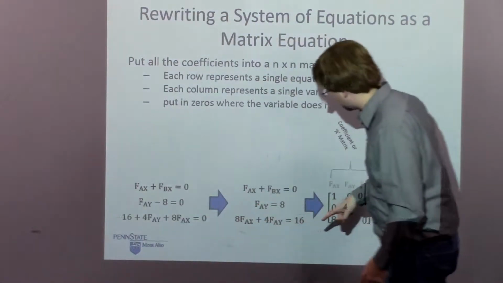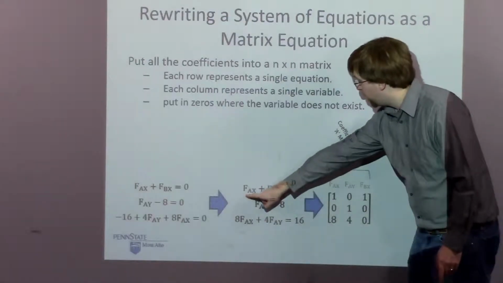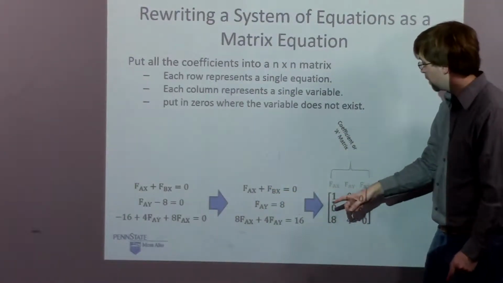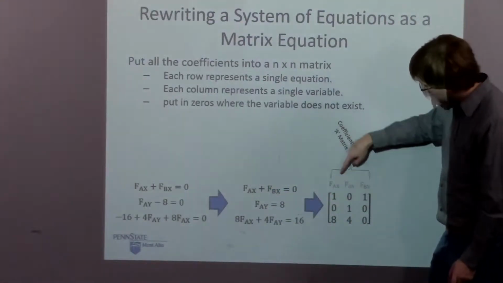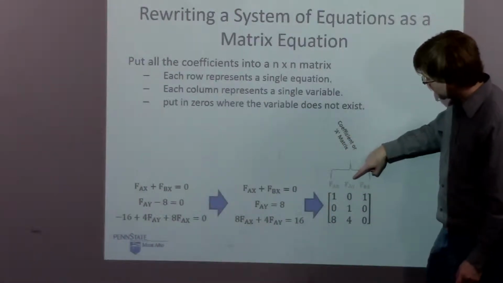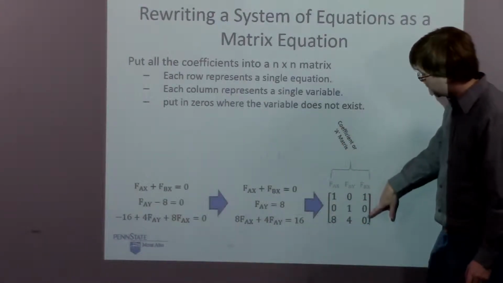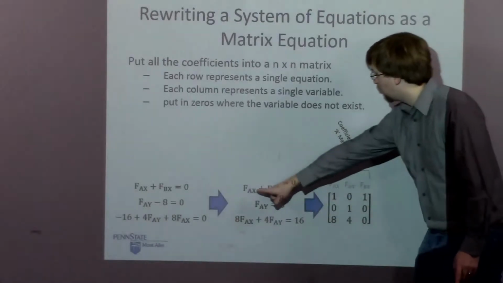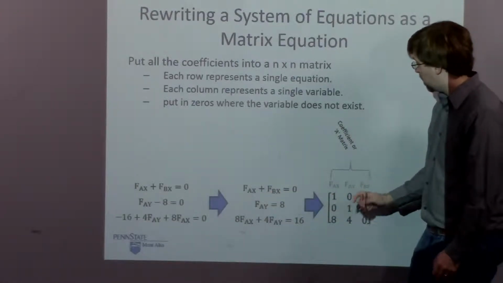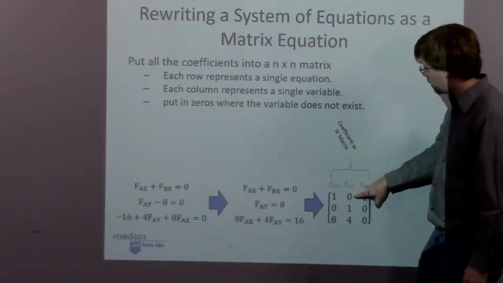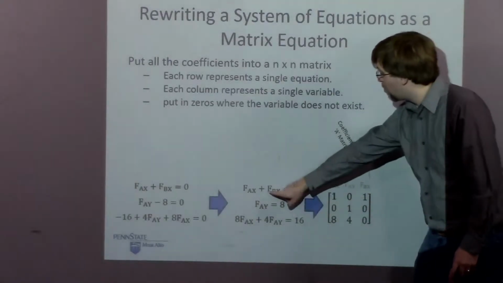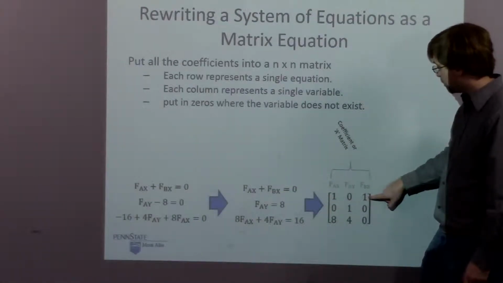So let's look at this first row. I have Fax plus Fbx equals 0. I've decided my first column is Fax, second column is Fay, third column is Fbx. I've got 1 times Fax. I don't have Fay, so it's 0 times Fay. And then 1 times Fbx.